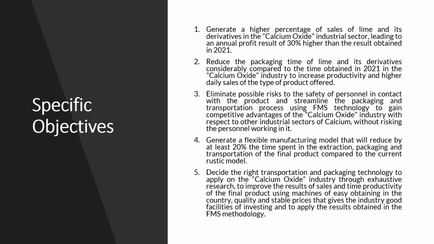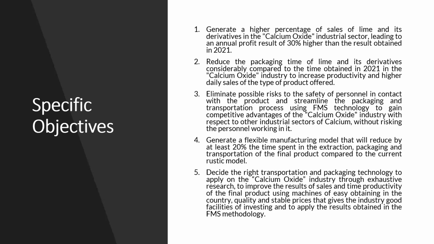For our specific objectives, we want to generate a higher percentage of sales of lime, leading to an annual profit 30% higher than the result obtained in 2021. Also, reduce the packaging time of the line compared to the time obtained in 2021, and increase productivity and daily sales of this product.